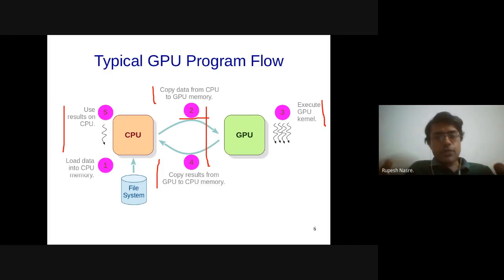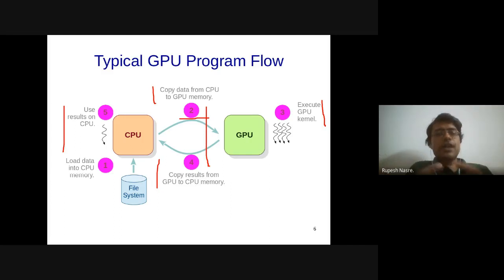In other words, the CPU and GPU are running asynchronously, totally in parallel with each other, and they can partition the data. So if there is 100% data, maybe it can decide that 70% might go to the GPU and 30% to the CPU, and they both are executing the same piece of code and working on different parts of this data.